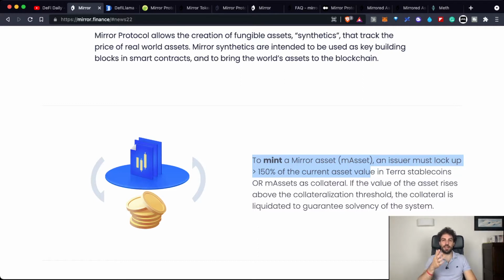For example, as we have seen, mSOL is a token that you can find on a DEX and swap. But in this case, mSOL has nothing to do with a MIR asset.